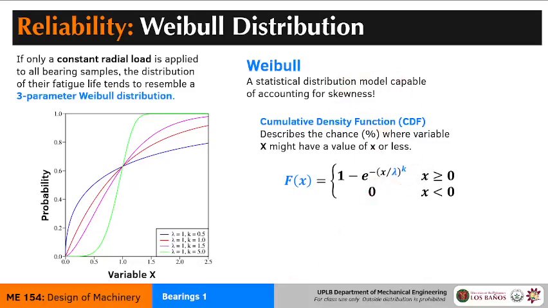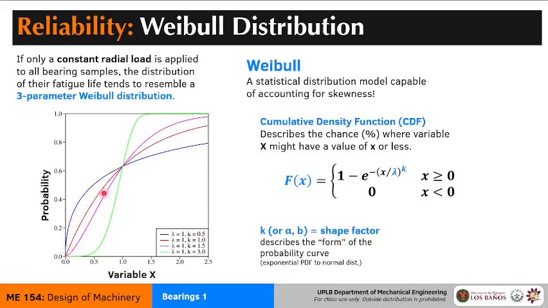So the first one is k in this expression. It can be a or b. This is the confusing part. Just know that this k is the exponent in the function. This is what we call the shape factor. The shape factor dictates the form of your distribution.